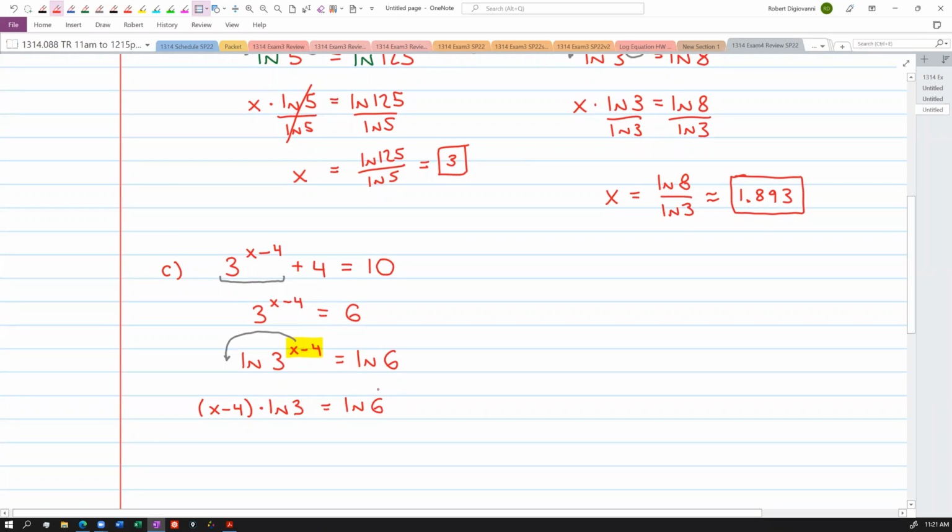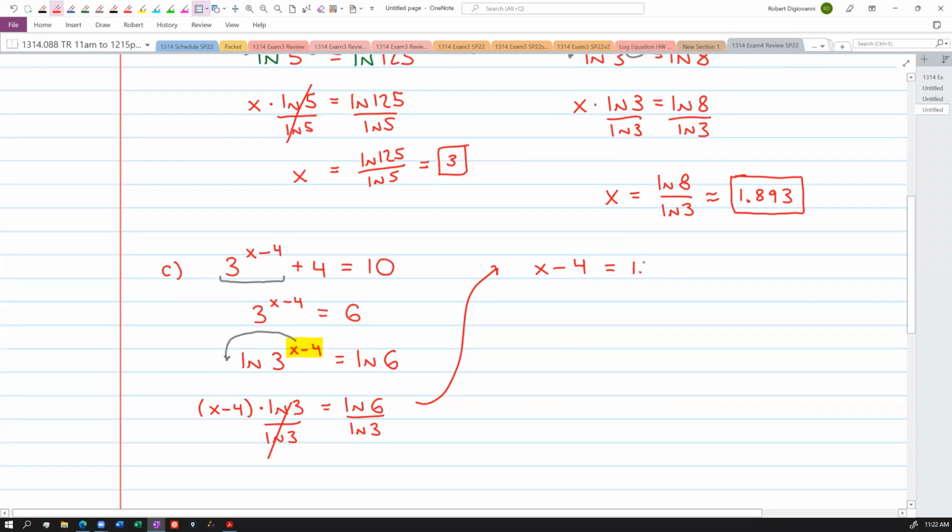So we're trying to solve for x. We're first going to get rid of the natural log of 3, kind of like we did in the previous problems. We're going to divide both sides by natural log 3. It'll go away over here. And then what I'll be left with, I still have the x minus 4 on the left, and then equals, I have to do it on my calculator, natural log 6 divided by natural log 3.